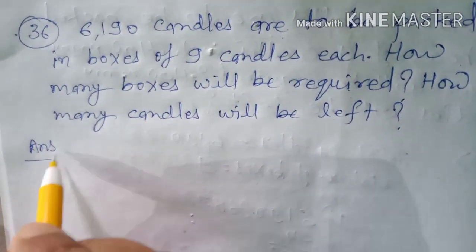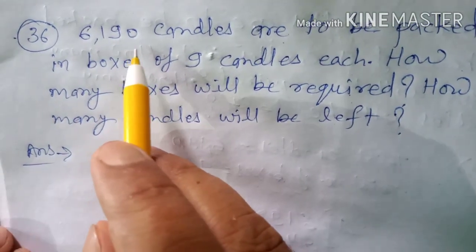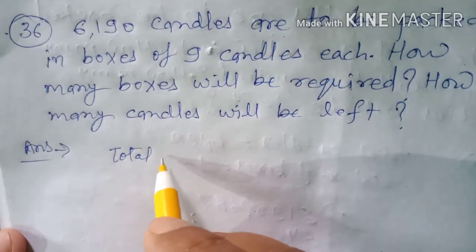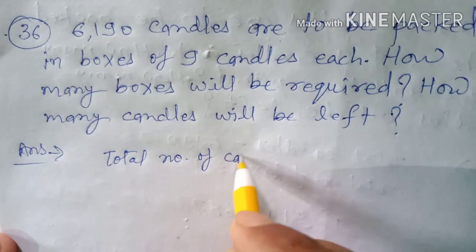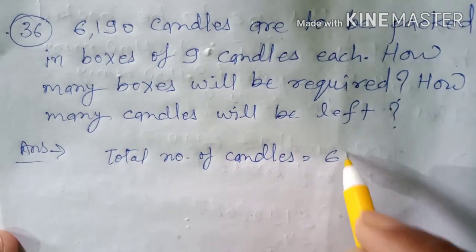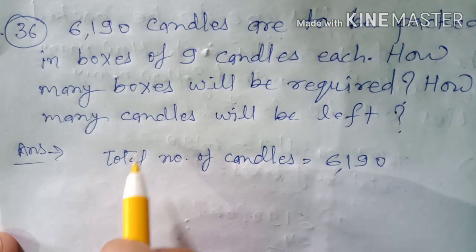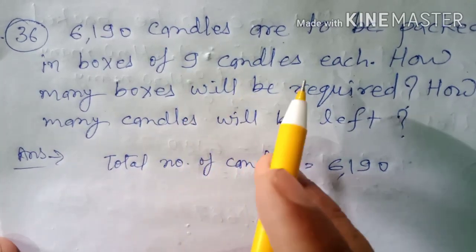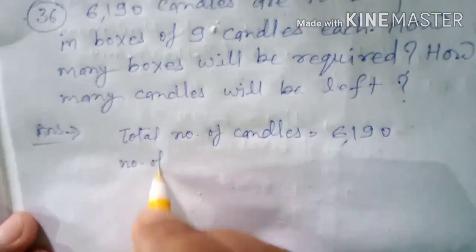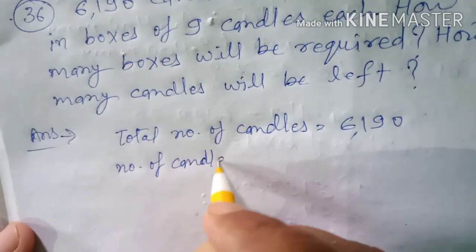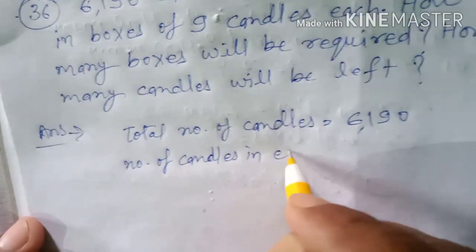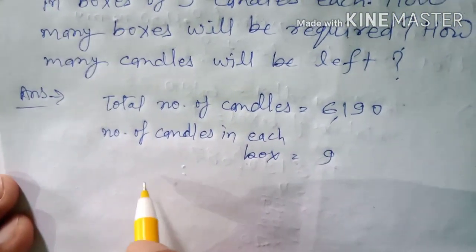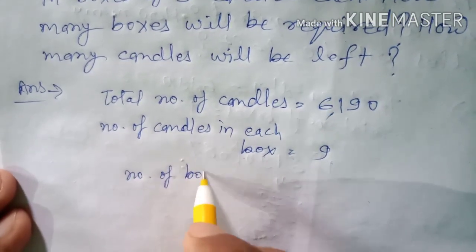Answer. First see, total number of candles is 6190, and each box has 9 candles. So the number of candles in each box is 9.